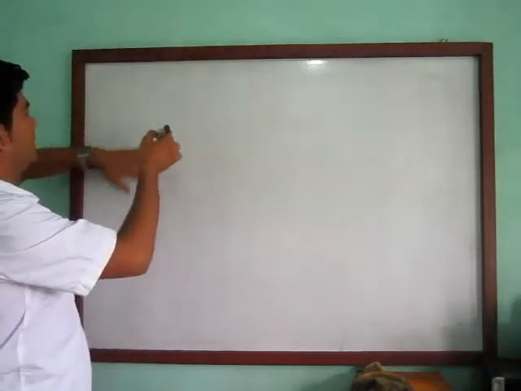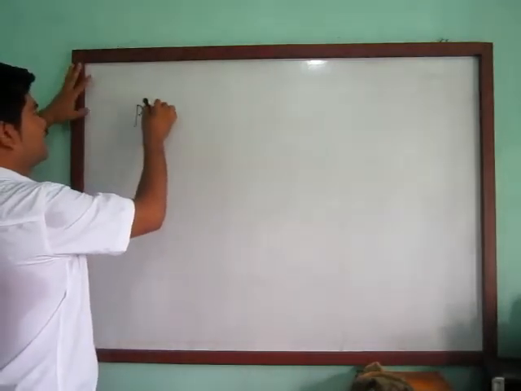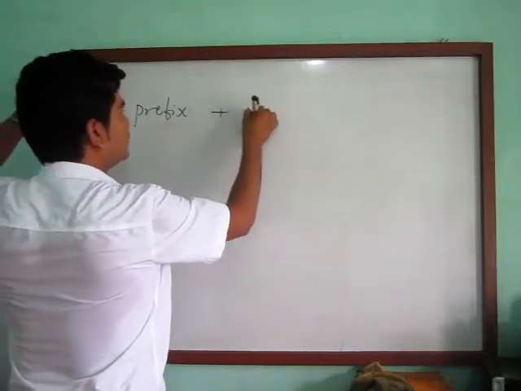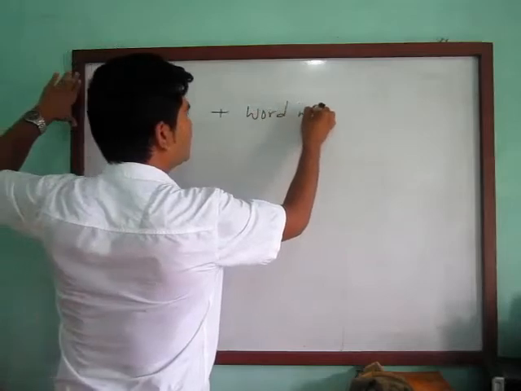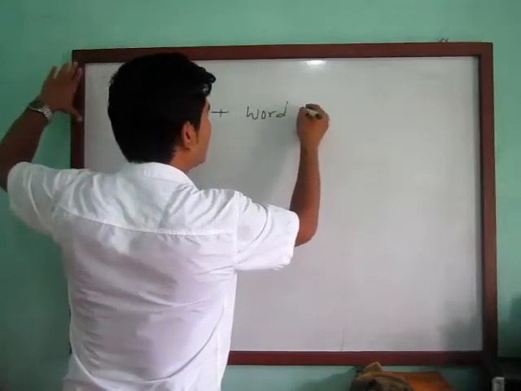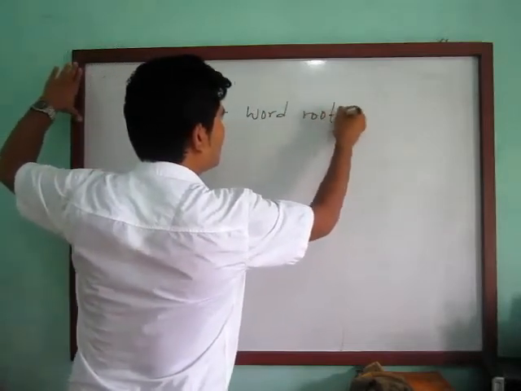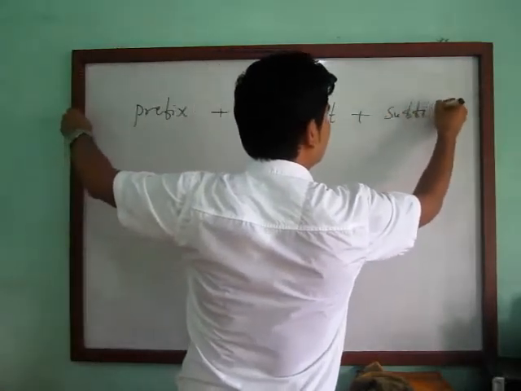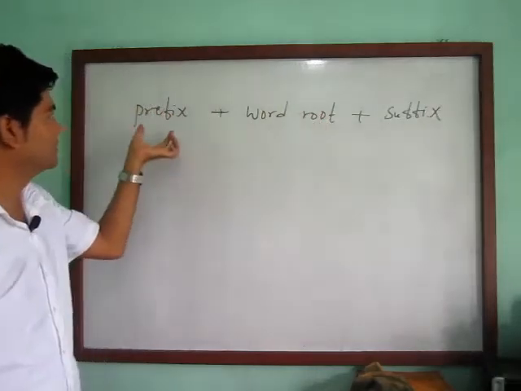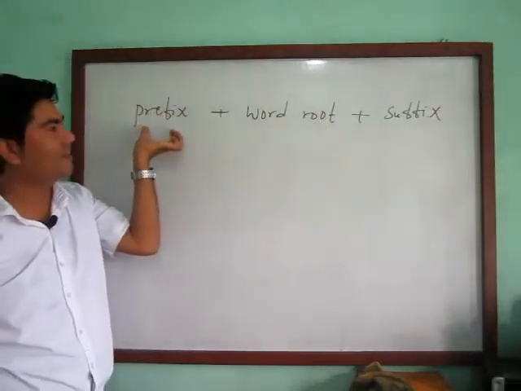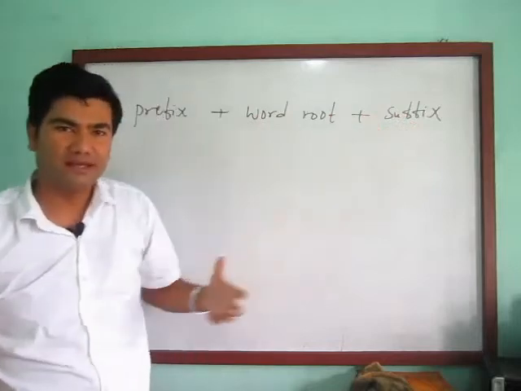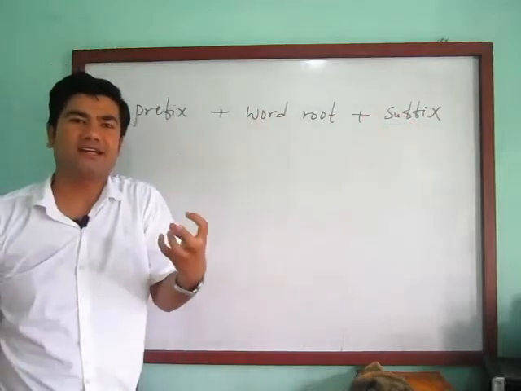First of all, we should write the prefix, and then we should use the word root, then the suffix. So we should use first the prefix, then the word root, then the suffix while giving a name to the given organic compounds.